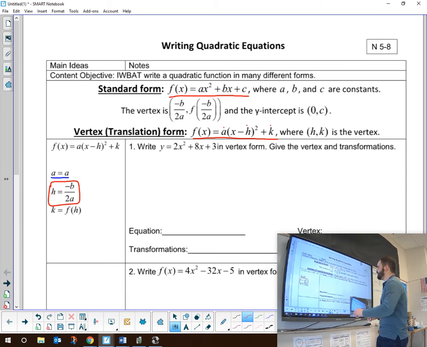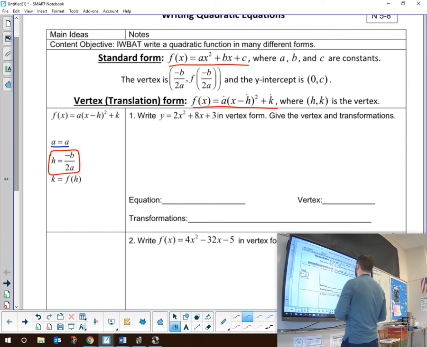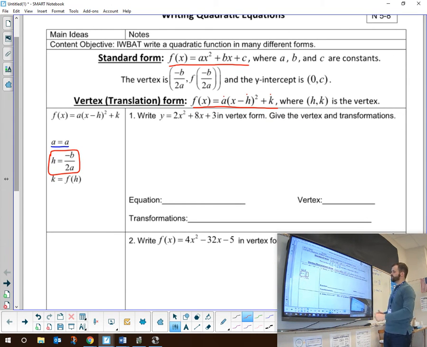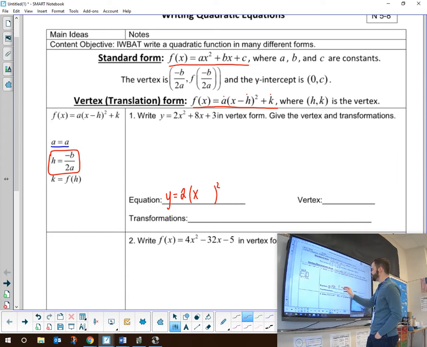So let's take a look here at number 1. Our first step is writing our equation, filling in the gaps that we do know. So we have y equals 2 times x, parentheses squared, and then my h is going to go in the parentheses.